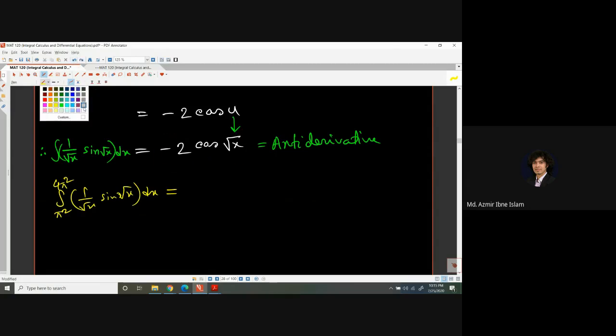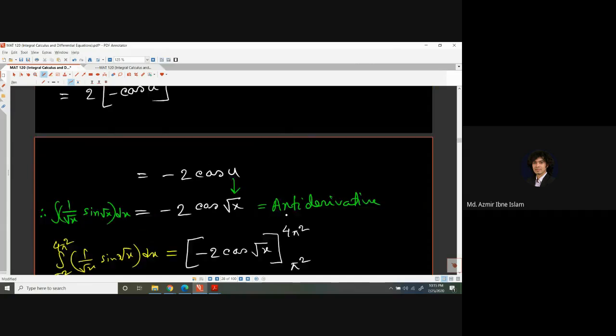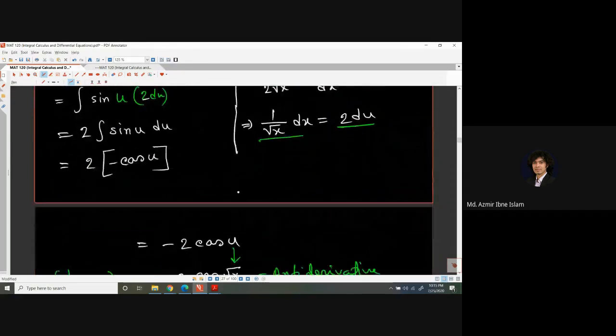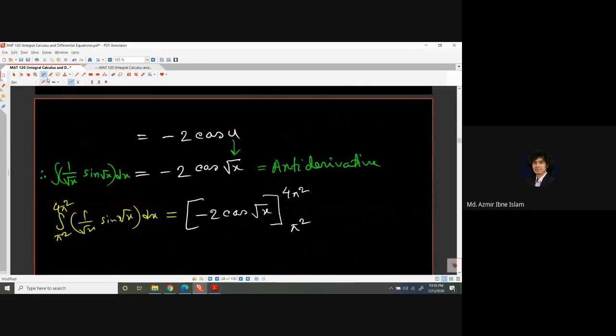With this antiderivative, we have upper limit 4 pi squared and lower limit pi squared. Let me check again, pi squared and 4 pi squared. Yeah, that means we are applying the fundamental theorem of calculus.